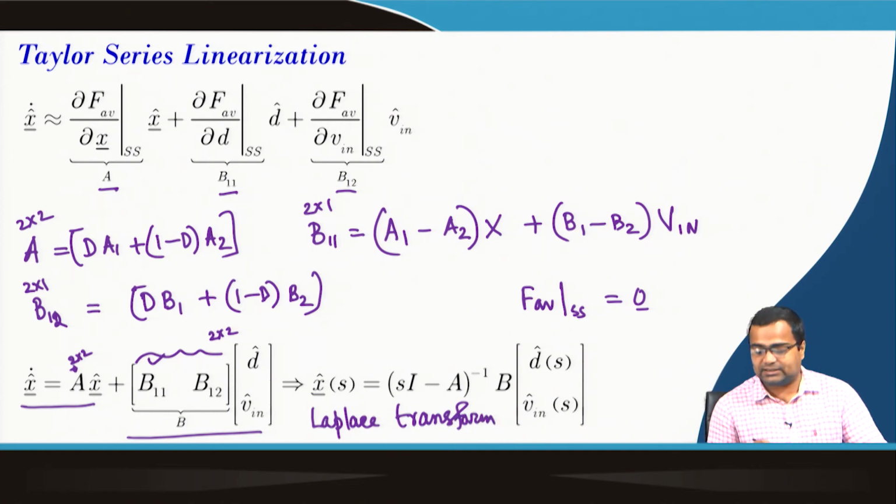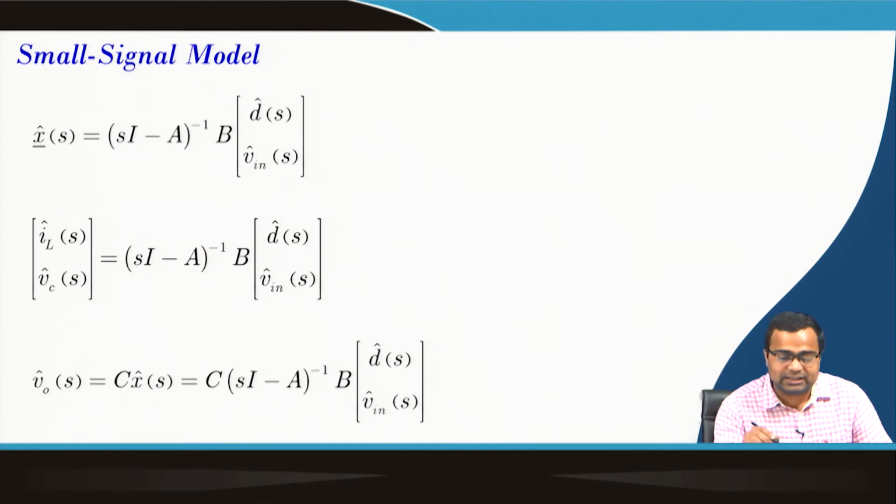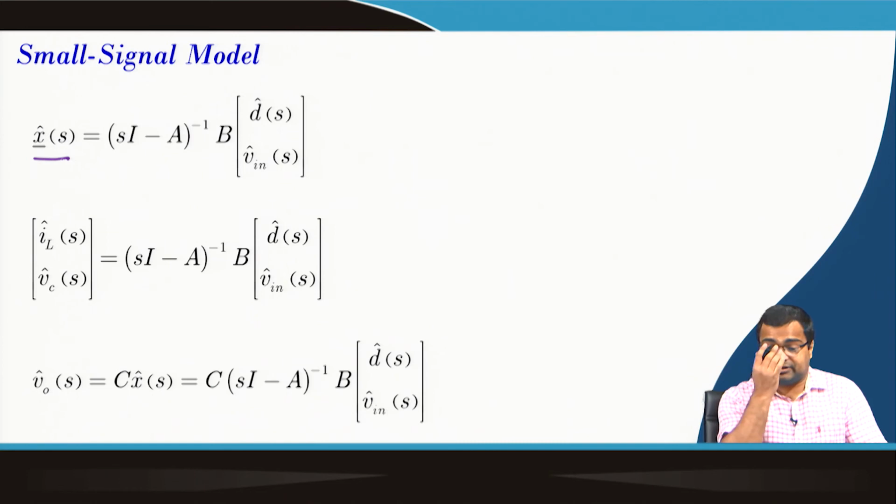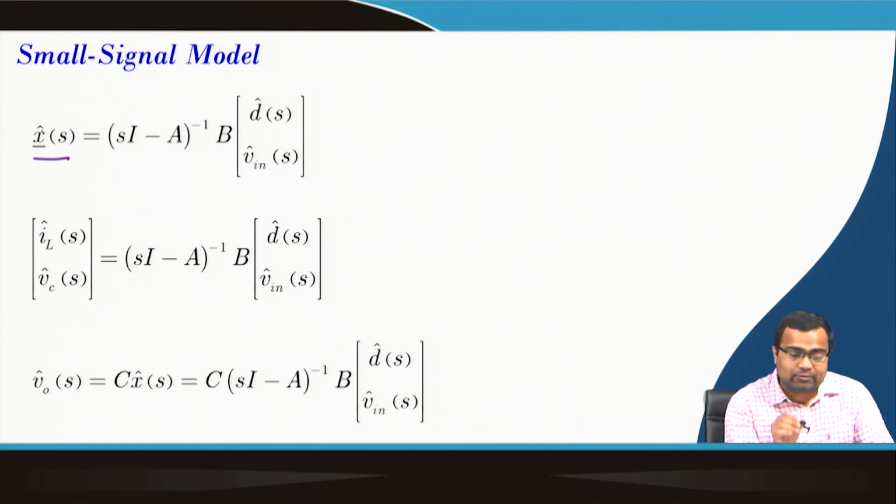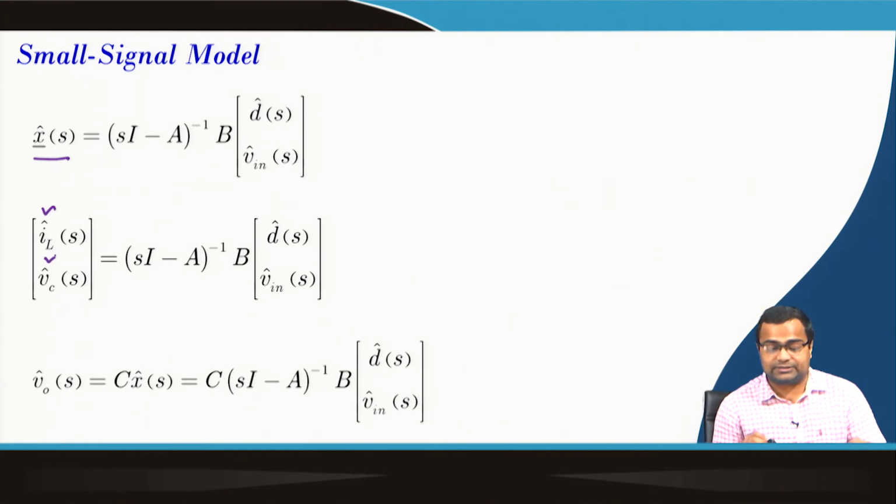So, we can derive the small signal model x of s in terms of (sI minus A) inverse of B into the input. What is x hat of s? It is iL hat of s and Vc hat of s, the capacitor voltage, and the output voltage is nothing but C into x of s. So, it is C into (sI minus A) inverse B into this term.